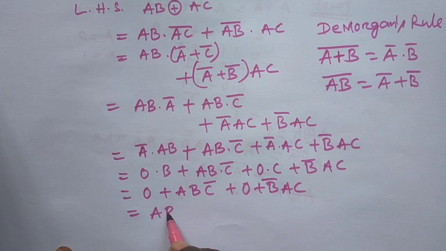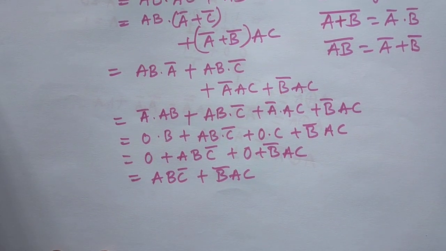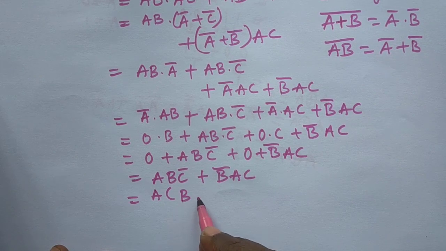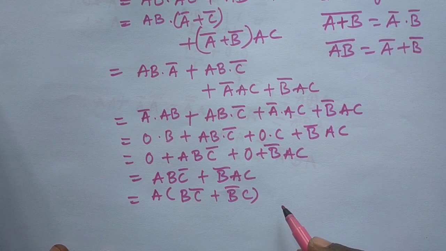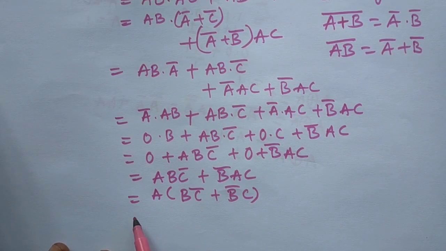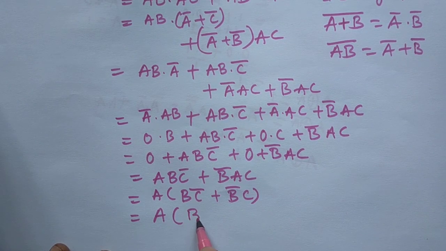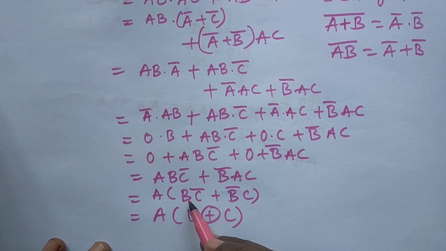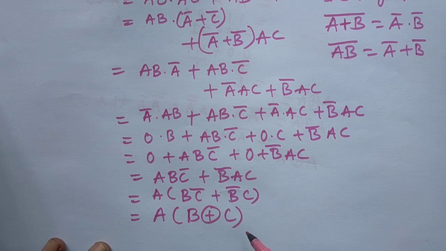ABC complement plus B complement AC. Now we see A is common. What do you write? A times B C complement plus B complement C. So again we write A times B XOR with C, because B C complement plus B complement C is B XOR with C.